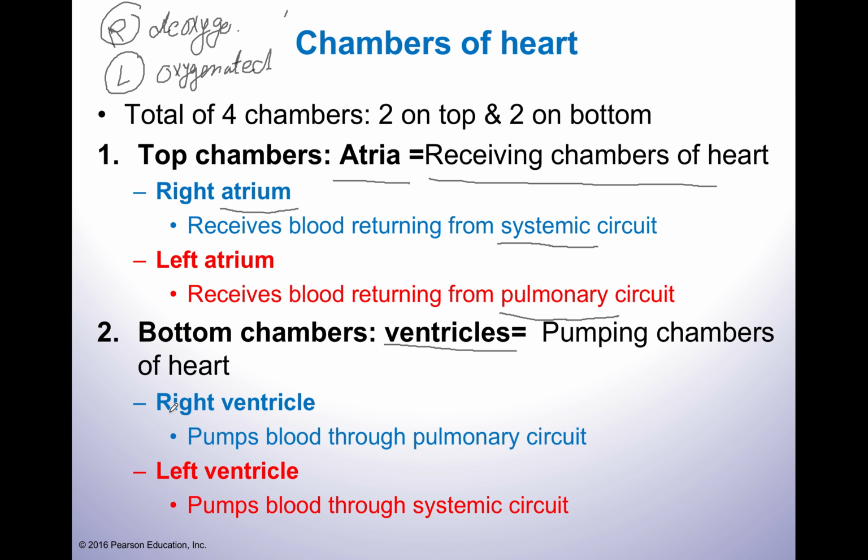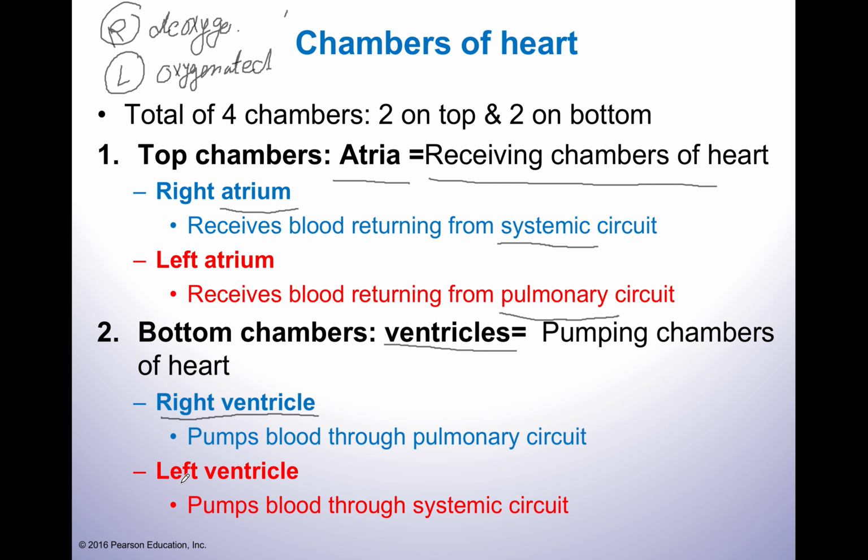So again, same as before, right ventricle will be identified as the chamber that is going to be pushing blood, deoxygenated blood, to your lungs to allow for the gas exchange to take place.